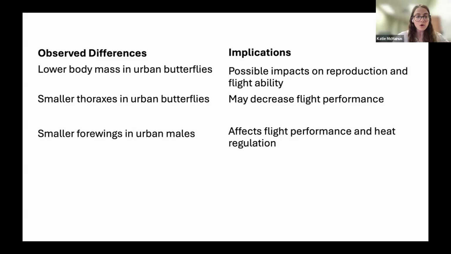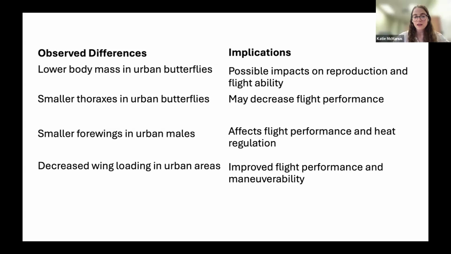And on the other hand, though, wing size is also related to thermal heating rate in butterflies. So urban males may be better at dissipating that excess heat and reducing their heat load in warmer urban areas because of their smaller forewings. And so while we're seeing potential negative implications in those first three traits in regards to flight ability, there's also a co-occurring decrease in wing loading that could result in improved flight performance, specifically for maneuverability.